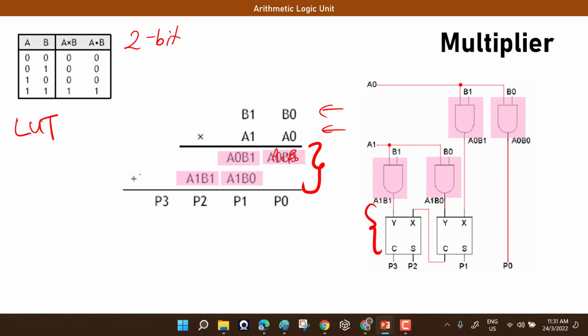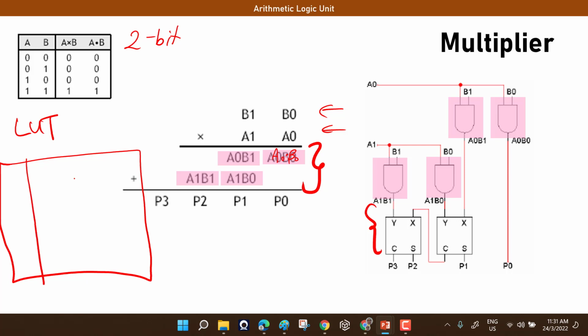Now, how can we use this in the form of a lookup table? Remember, a lookup table means it is a table after all, right? It is a table after all. So in that table, normally what do we have in a truth table? A lookup table is built up from a truth table. So now I'm building up a truth table first. What do we have in a truth table normally? We would have inputs and outputs.